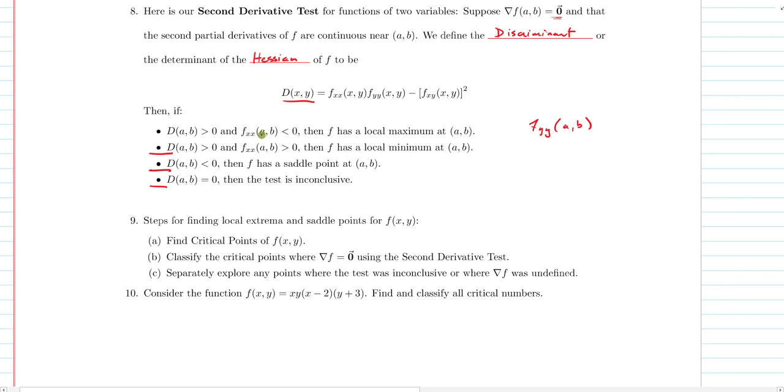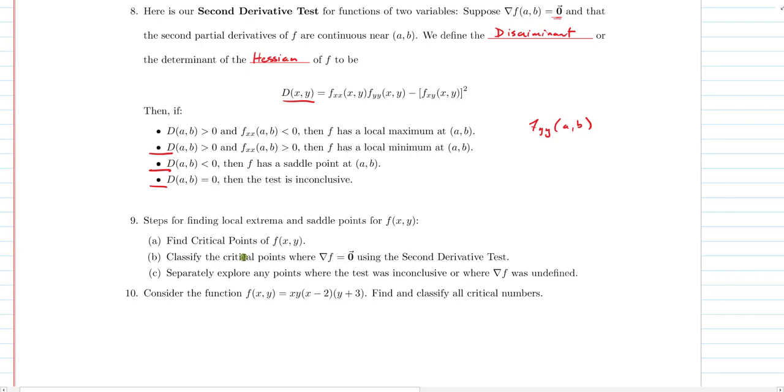So we plug in the critical point into the second partial with respect to x both times. If that comes out to be negative, as well as the discriminant being positive, then that's how we know we have a local maximum. If this second partial with respect to x both times at the critical point comes out to be positive, and our discriminant was positive, then we've got a local minimum at that point. And again, we'll give some intuition for why this is so when we get to class.